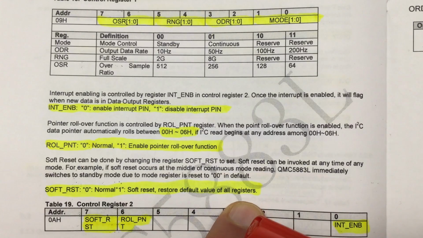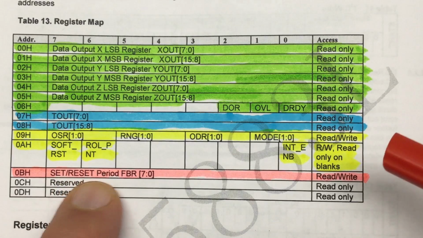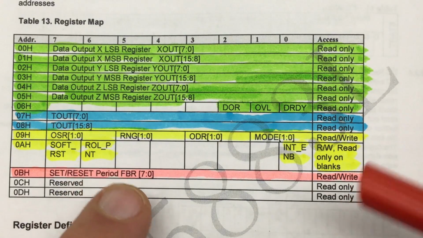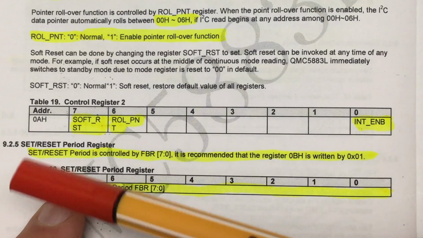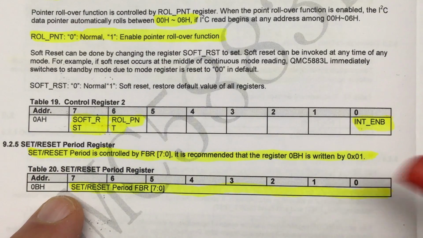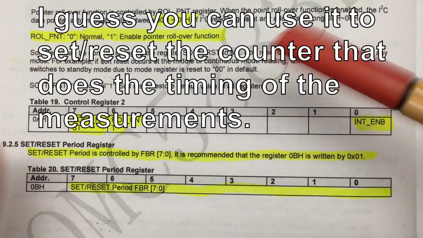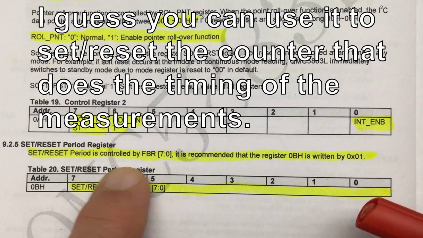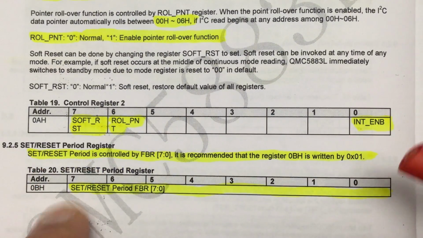The last register is the set reset period FBR, which is kind of a mystery. The datasheet doesn't say much about what that register does. This is the only information available about that register in the whole datasheet, and it says set reset period is controlled by FBR bits 7 to 0, so the whole 8 bits.